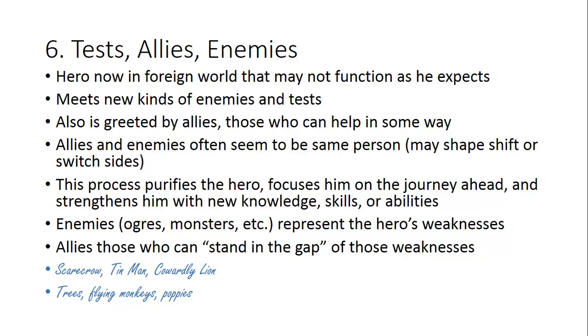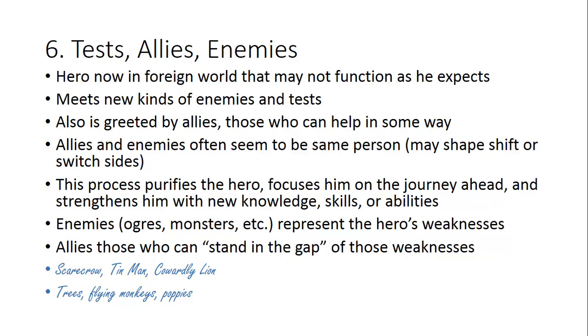But as the hero moves through these initial battles, or these initial contests or tension moments, it becomes pretty clear who's going to be an ally and who's going to be an enemy. Now, whoever is an ally and whoever is an enemy sometimes is very fluid. We sometimes see allies become enemies. We see enemies become allies. We see them kind of play back and forth. If you think about Lord of the Rings and the role of Gollum.